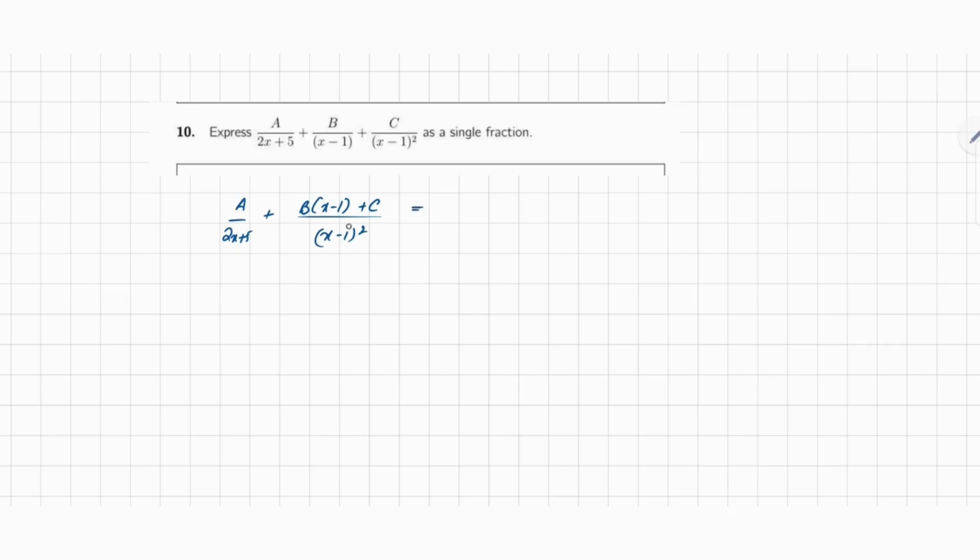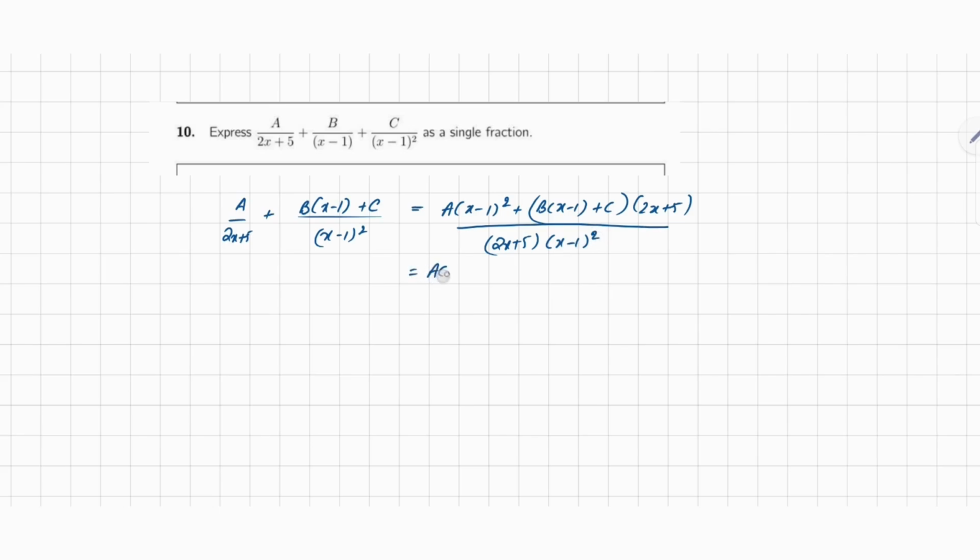Now for the first and second term, we can do cross multiplication to get a common denominator, as there are no common factors within the denominator here. Plus b times x minus 1 plus c times 2x plus 5. We have 2x plus 5 times x minus 1 the whole square.